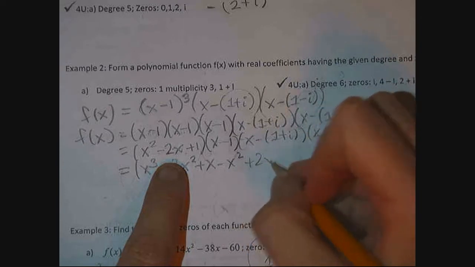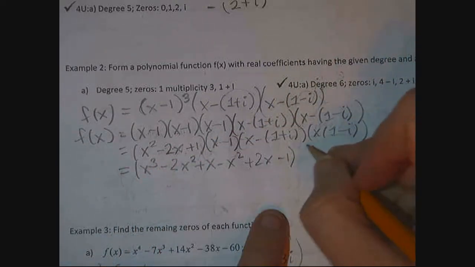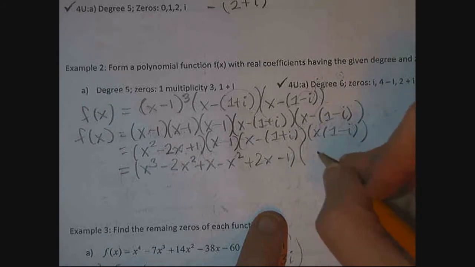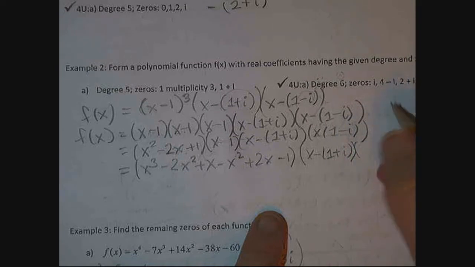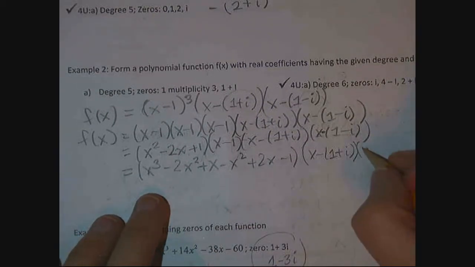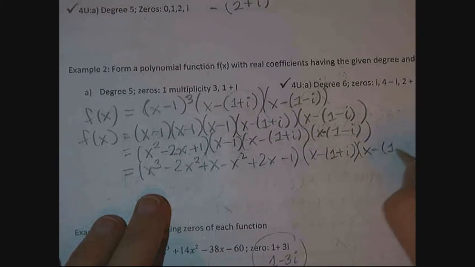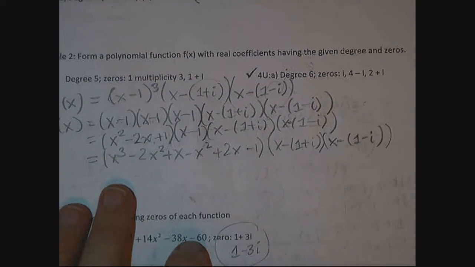Negative 1 times negative 2x gives me positive 2x. Negative 1 times 1 gives me negative 1. Okay, and then I keep going, still doing all of this copying. Oh, up here I forgot my negative. Make sure that if you don't have that, you fix that. So x minus 1 minus i. Lots of parentheses to include here.